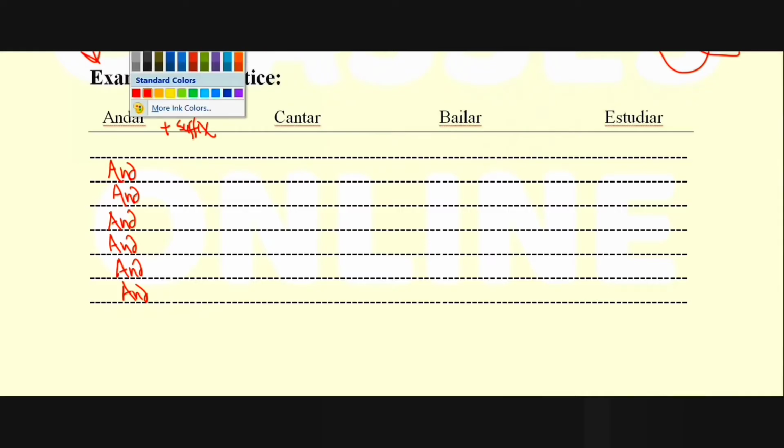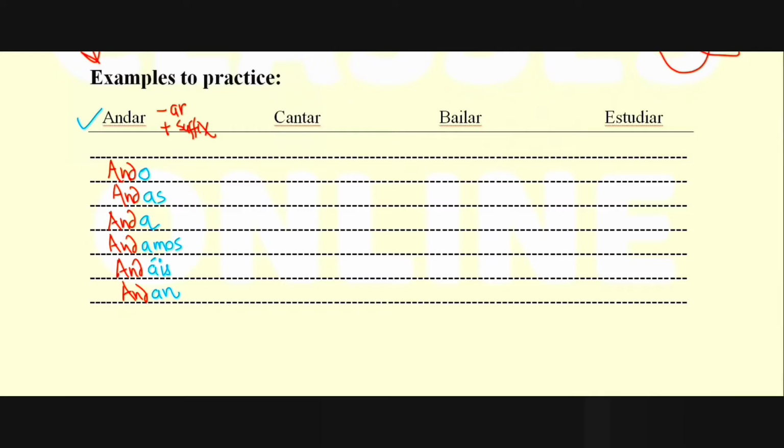See, we have to write all the ending suffixes: o, as, a, amos, ais with accent, an. Ando, andas, anda, andamos, andais, andan.